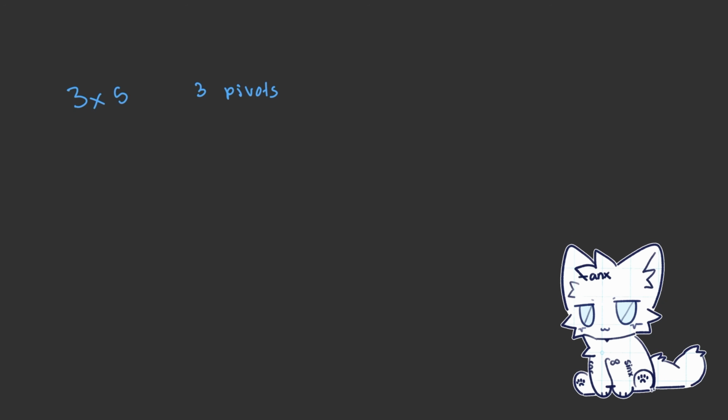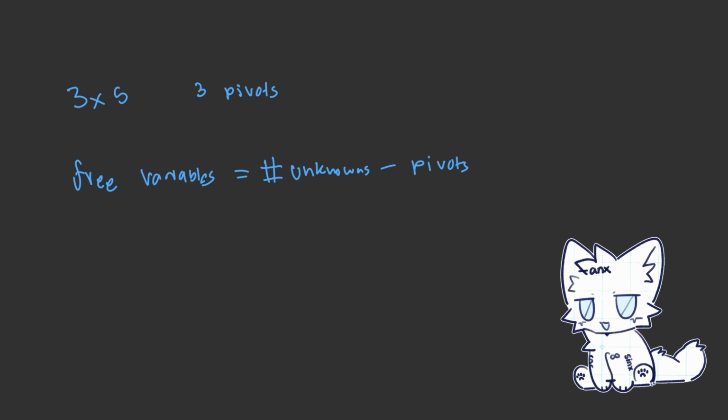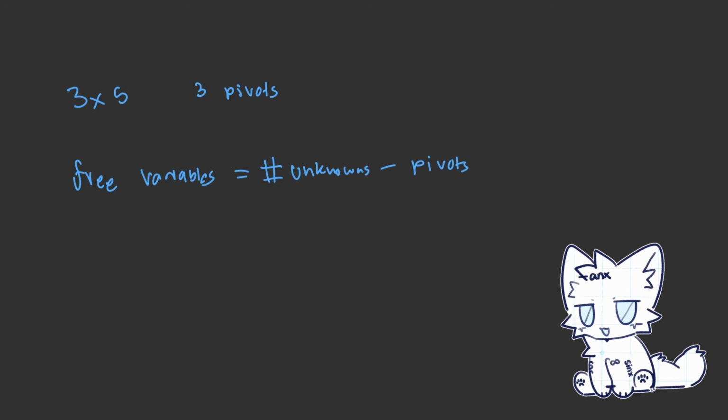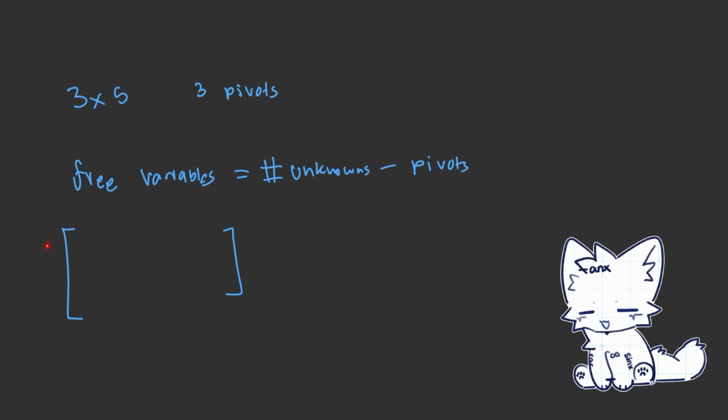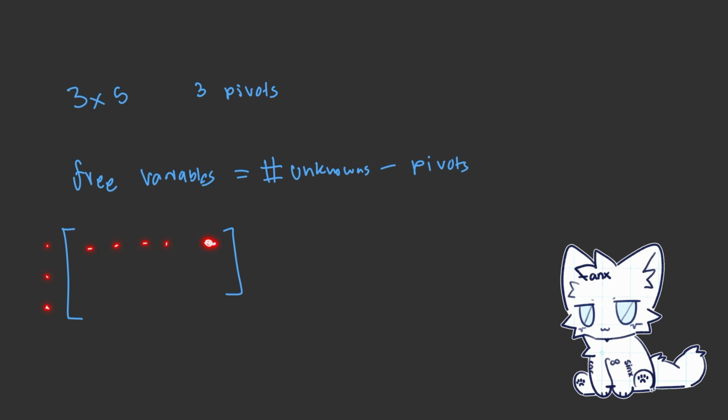The number of free variables is equal to the number of unknowns minus the number of pivots. So a 3 by 5 matrix has 5 unknowns because if you expand it out, you have 1, 2, 3 rows and 1, 2, 3, 4, 5 columns.